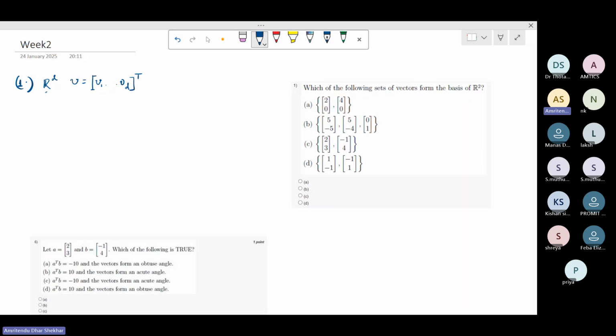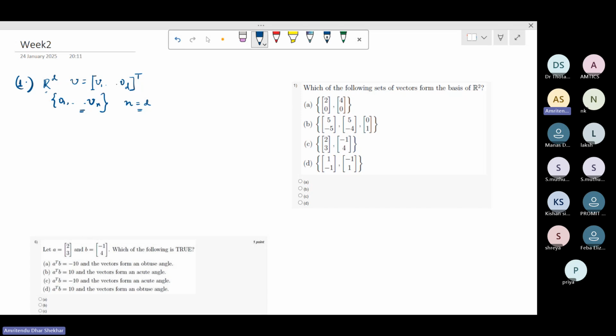Now, if you're given a collection of vectors, let's say V1 up to Vn, then in order that they form a basis, n has to be equal to d. That is the first requirement.